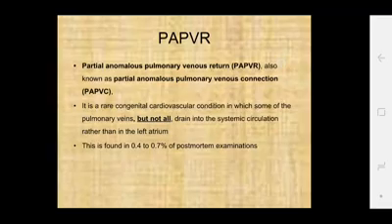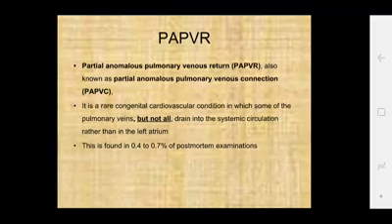The other type of anomalous venous return is the partial type. We said if 1 to 3 of the pulmonary veins fail to drain to the left atrium and drain somewhere else, it's partial anomalous pulmonary venous return or partial anomalous connection.